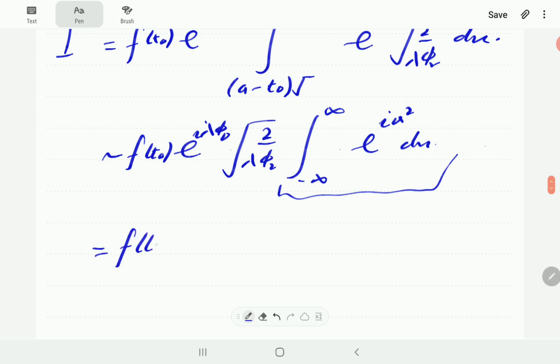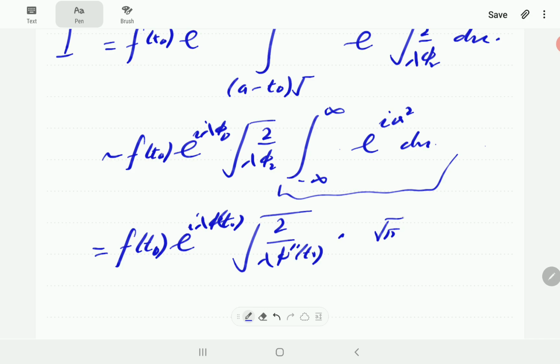So this is going to be f of t naught e to the i lambda phi of t naught times square root of 2 over phi double prime, times square root pi e to the i pi over 4.